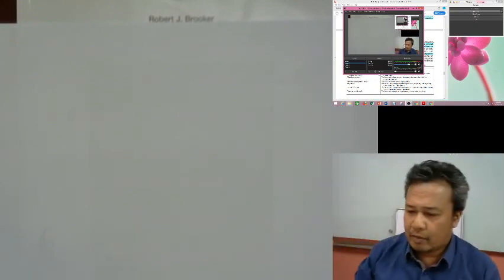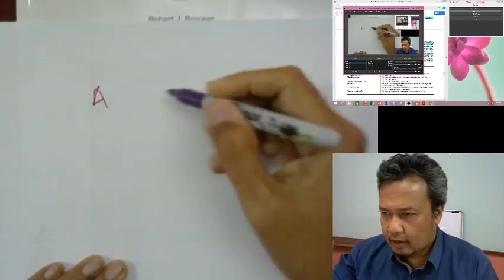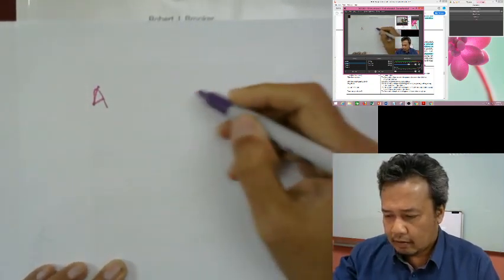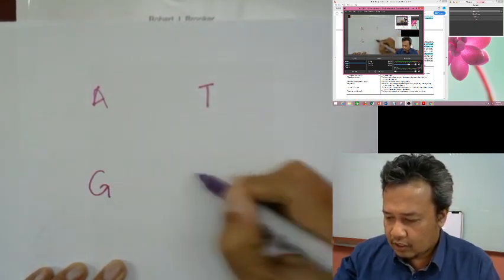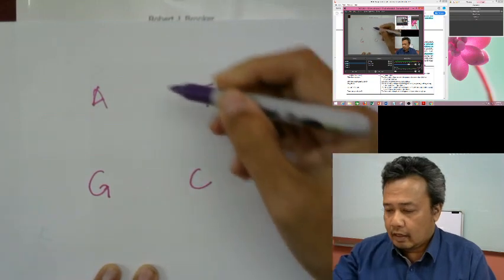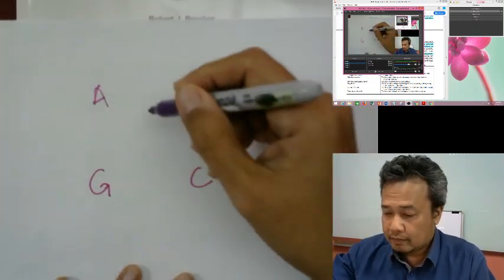If you have A, T, G, C, what is transition?